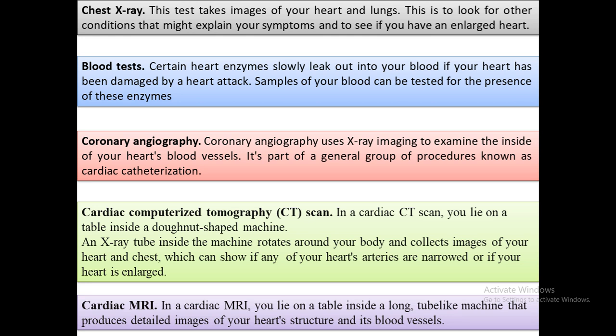Then coronary angiography. Coronary angiography uses X-ray imaging to examine the inside of your heart's blood vessels. It is part of a general group of procedures known as cardiac catheterization. Then cardiac computerized tomography, CT scan.